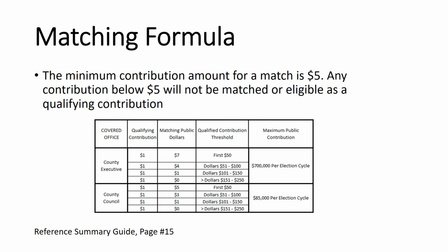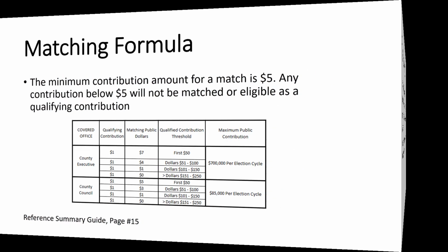Therefore, the grand total of the public match for the $60 contribution for the county executive candidate is $390. This calculation is repeated for all eligible contributions up to the max of either $700,000 per county executive candidate or $85,000 per council member candidate during the full election cycle.